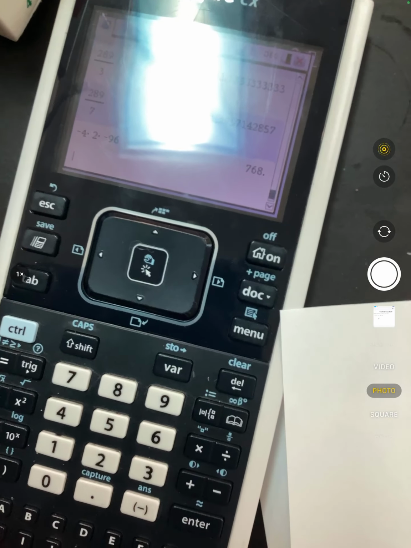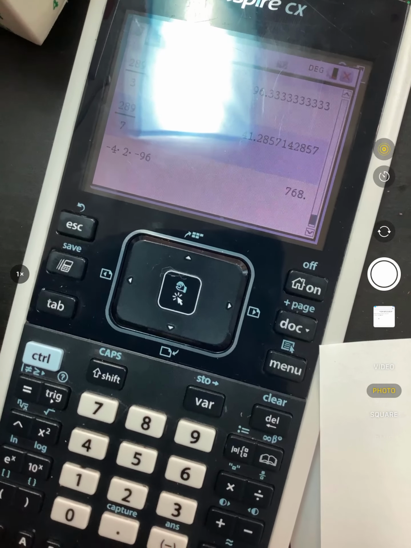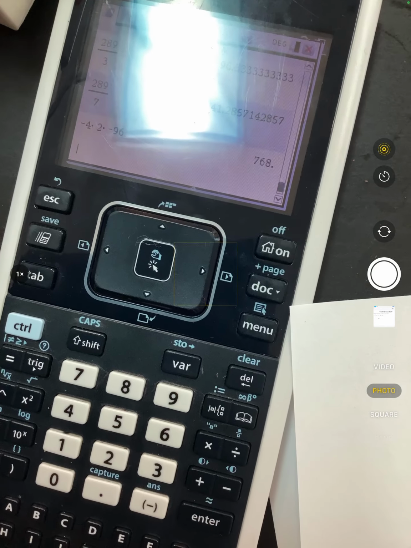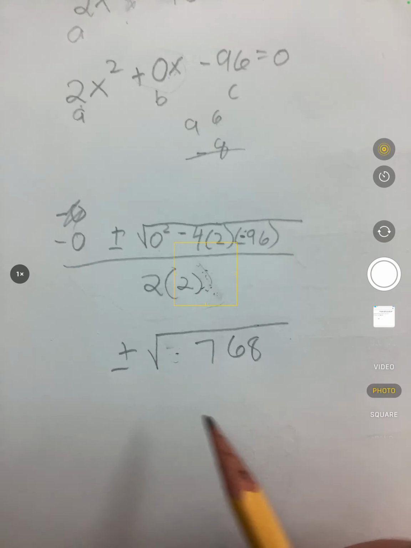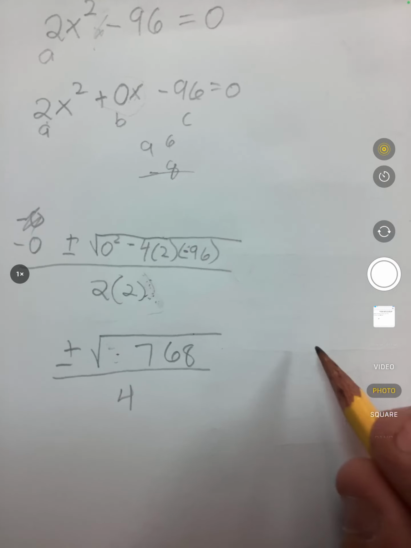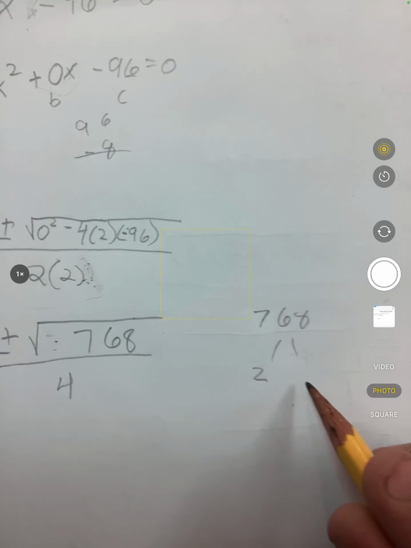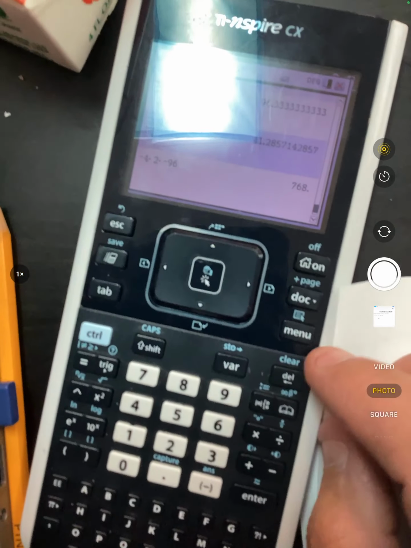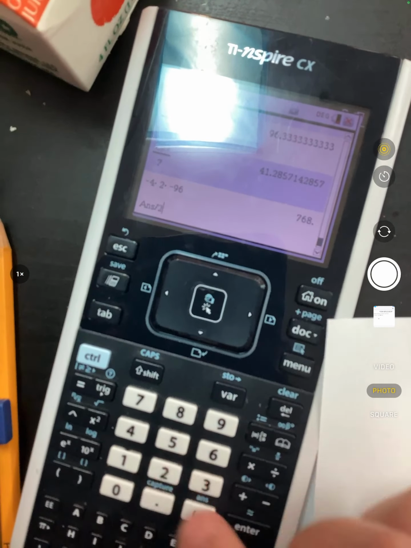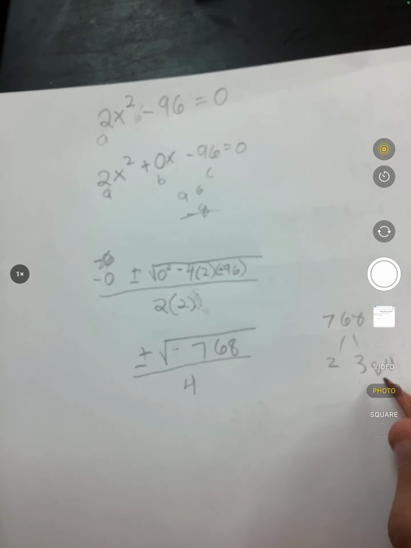So it's the square root of positive 768, all of that divided by 4. We can start factoring this 768 out. 768 divided by 2 is 384. Factor that 2 out there as well.